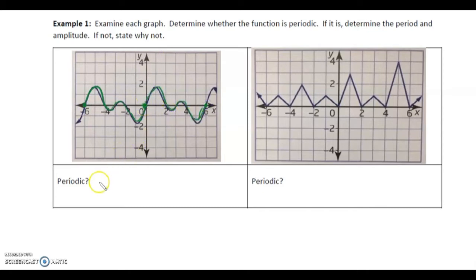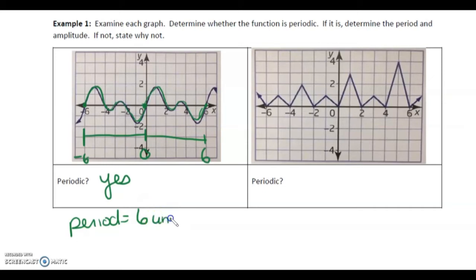I would say that yes, this is periodic. So what is the period? Well, we went from -6 all the way to 0, and then 0 again all the way to 6. So the period is 6 units maybe. Okay, I don't really know what the unit is, but that's okay.